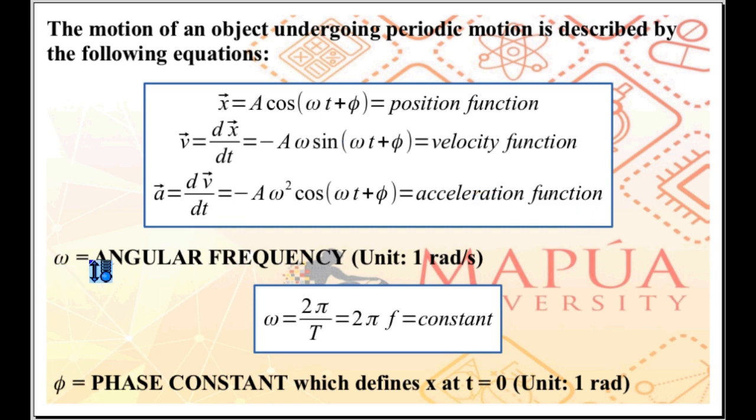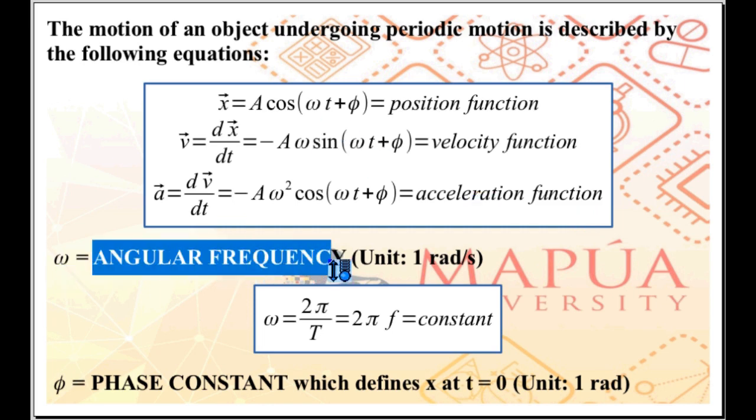Omega is referred to as the angular frequency. The unit is radians per second. It's basically the frequency of the vibratory motion expressed in terms of angle, in radians. Omega is just equal to 2 pi divided by the period.